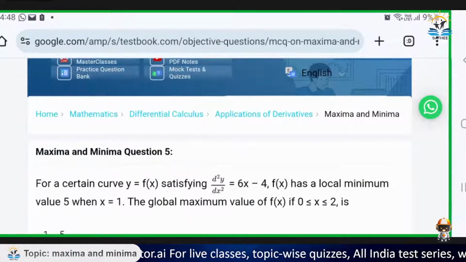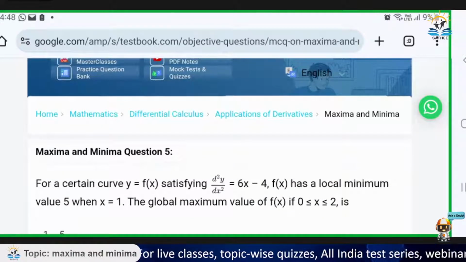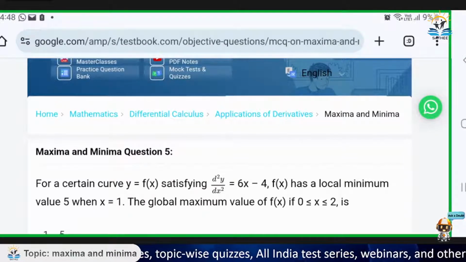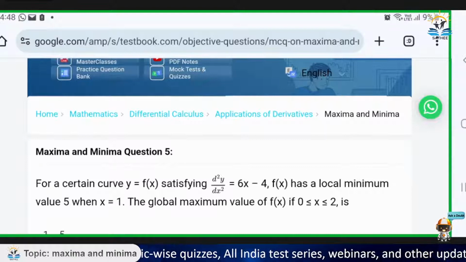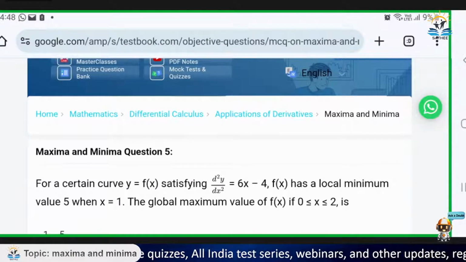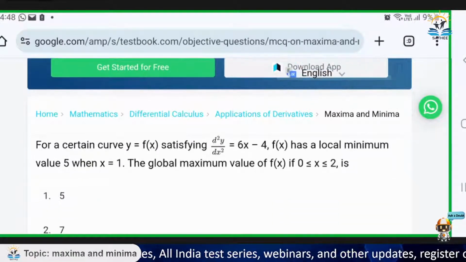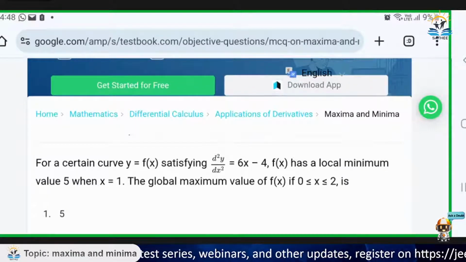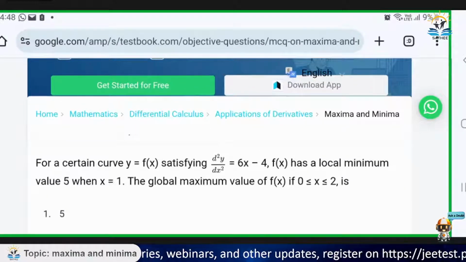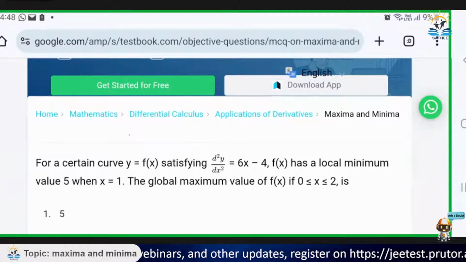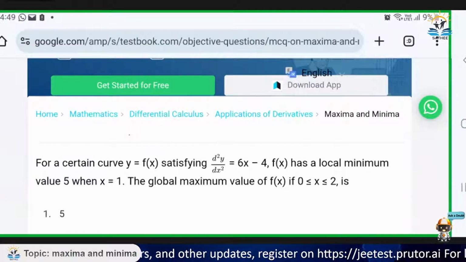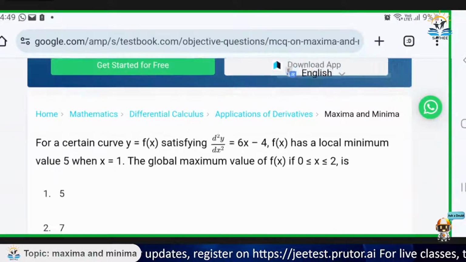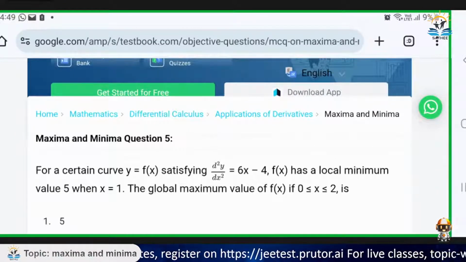Now we will see question number 5. This question says, for a certain curve y equal to f of x, satisfying this equation, d2y by dx square, which is f double dash x, is equal to 6x minus 4.